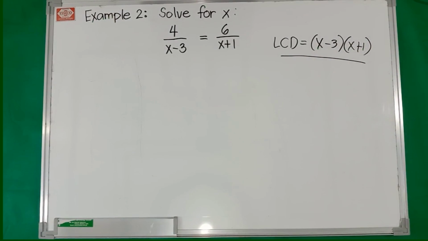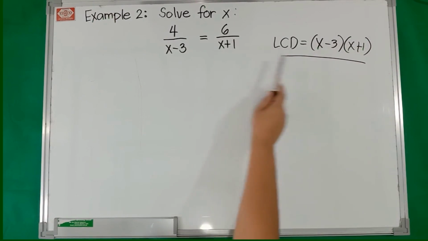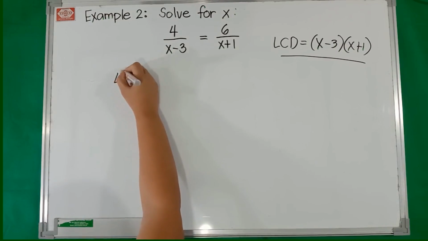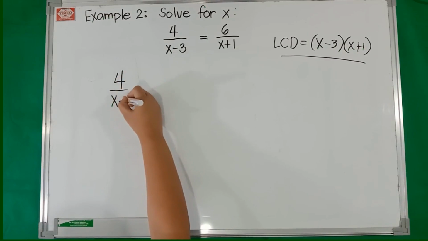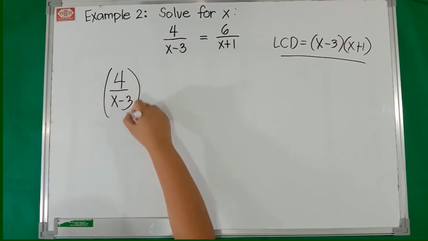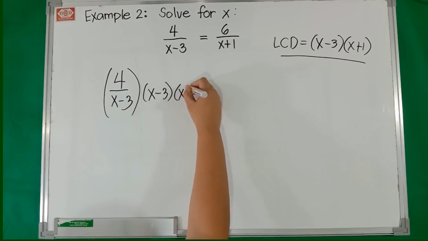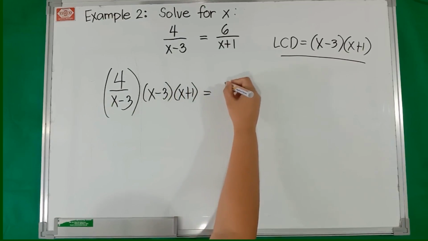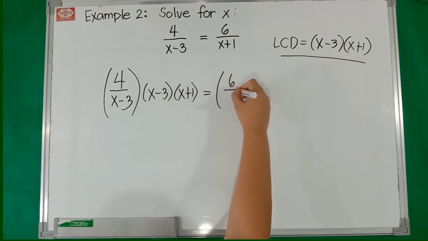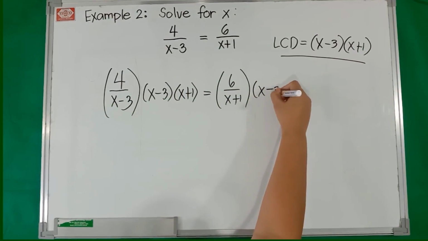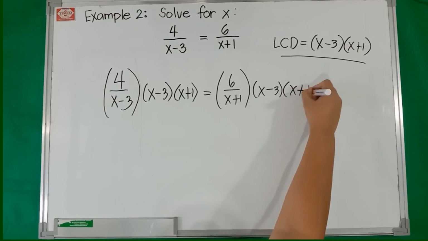So we will multiply the LCD to the entire equation, both the left and the right side of the equation. So 4 over x minus 3 times x minus 3 times x plus 1, that is our LCD, is equal to the right side, which is 6 over x plus 1 times x minus 3 times x plus 1.